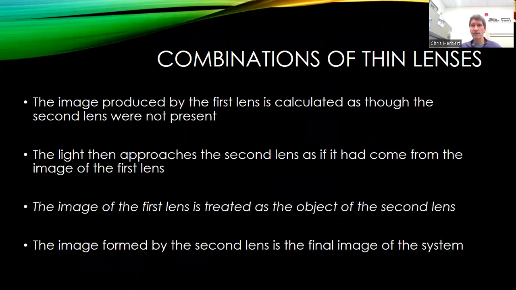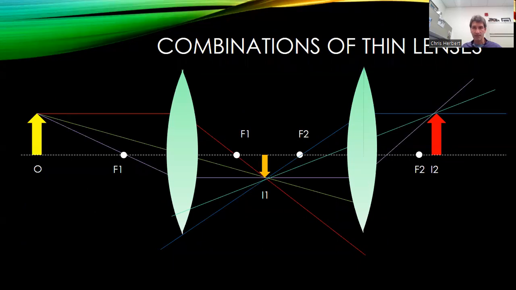If we have a combination of lenses, the procedure is pretty straightforward. Take the first lens that the light is going to pass through, and form an image. We'll call this image 1. Image 1 becomes the object, or object 2, for lens 2. You then take that object and form a new image. So for instance, let's say that I have 2 convex lenses and I want to know where the final image is going to form.